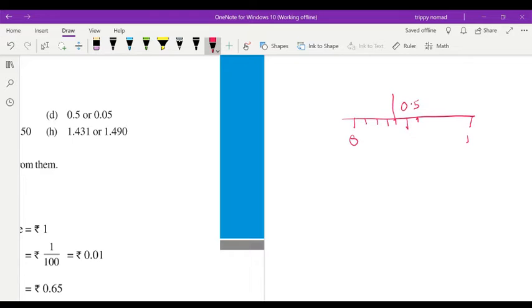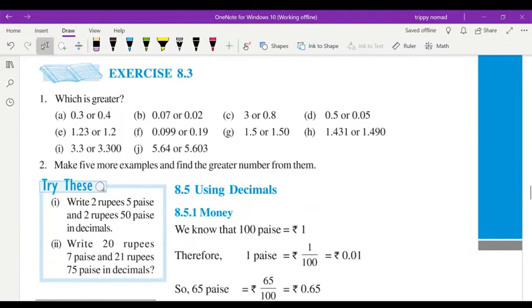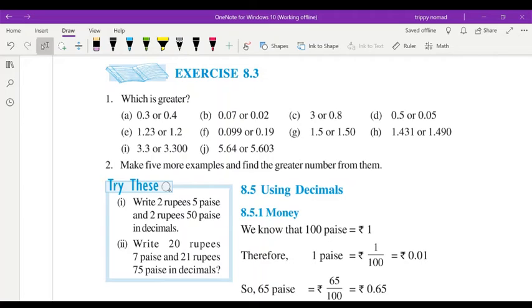Here 0.4 and this one will be 0.3. So which one is greater? The number which comes on the right hand side will be greater, because while moving from left to right the numbers are going to increase. So which one is greater? Okay, 0.4 is greater.